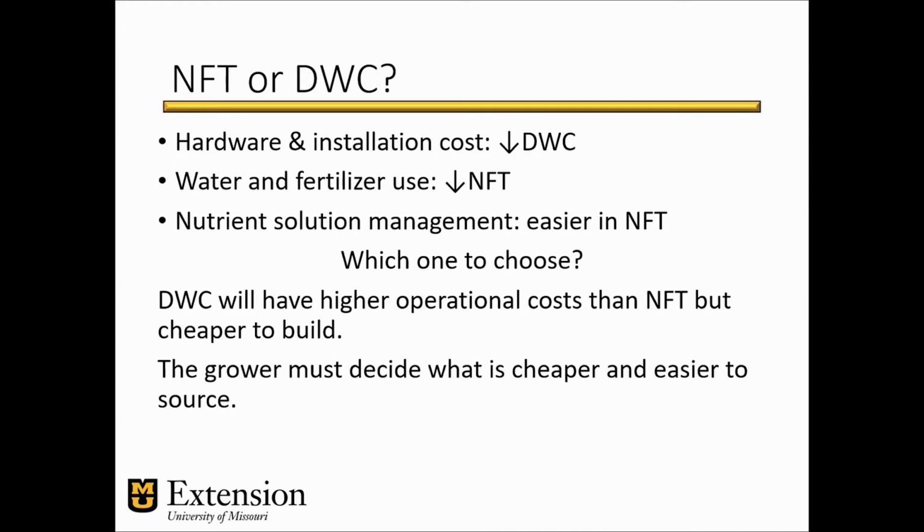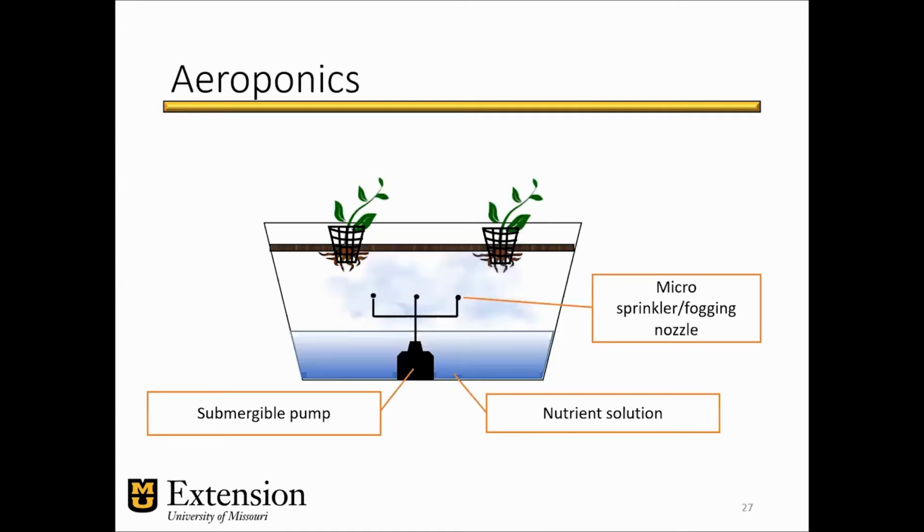And since it is a smaller volume of water, it takes less time and less effort to adjust the pH and manage the nutrient solution in NFT systems as opposed to deep water culture. So as a rule of thumb, deep water culture will have higher operational costs than NFT, but they will be cheaper to build. So the grower has to decide what is their best fit.